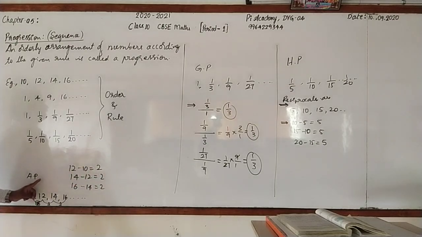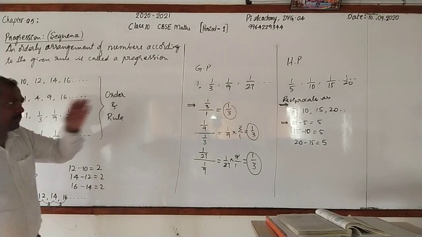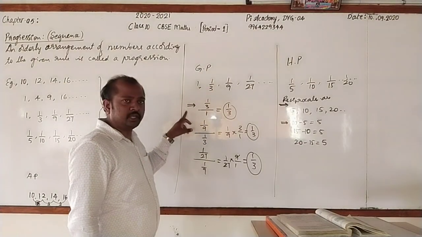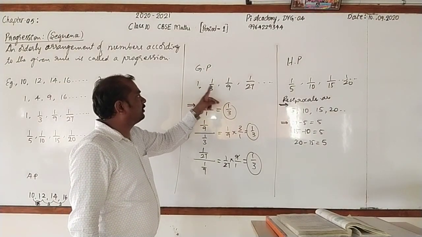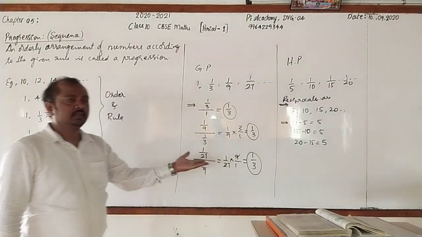That is called arithmetic progression. Once more I repeat, the progression in which the difference between a term and its preceding term is constant is called arithmetic progression.